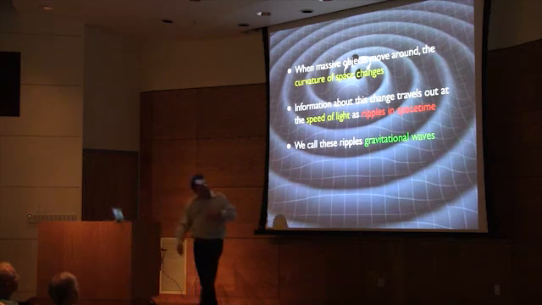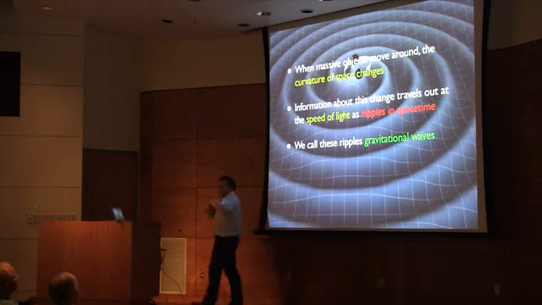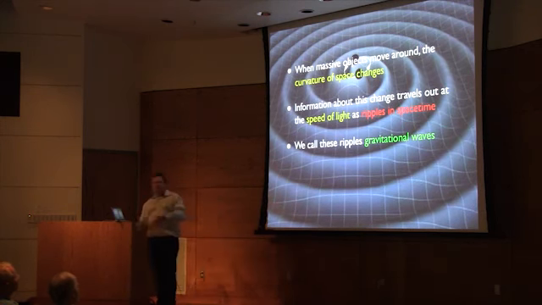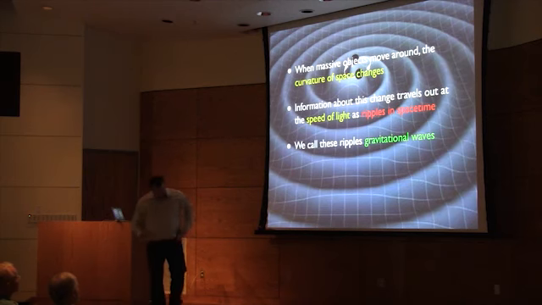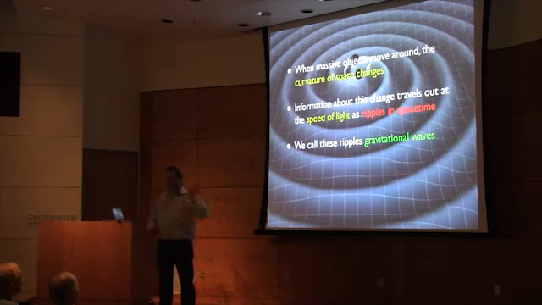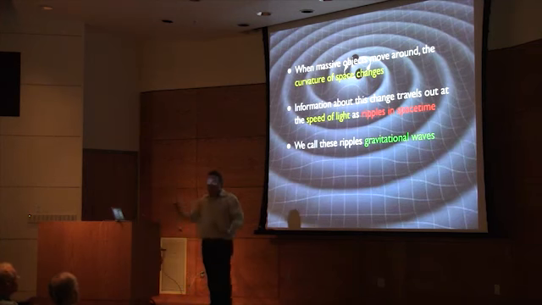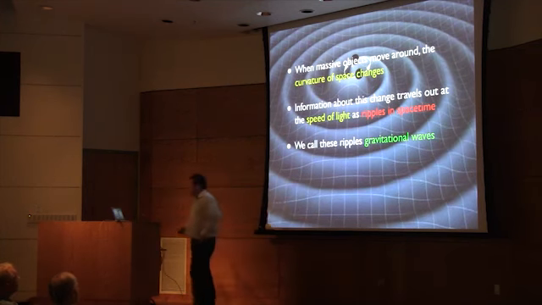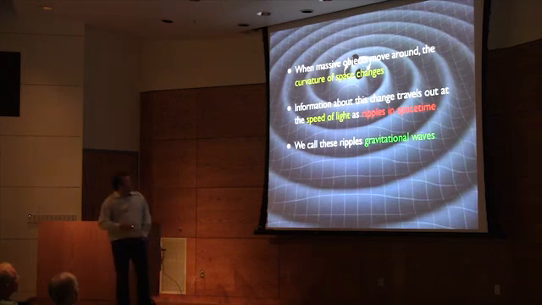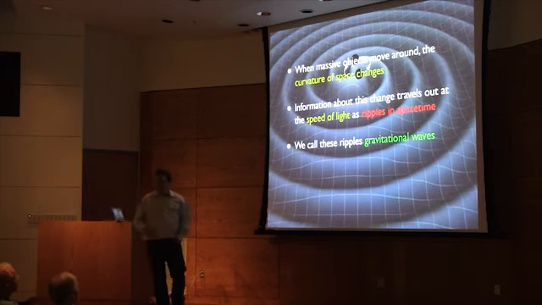For the physicists in the audience, just as theories that describe electromagnetism predict electromagnetic waves, when I turn on my cell phone, little charges move in the antenna of my cell phone, they generate electromagnetic waves. Einstein's theory predicts gravitational waves. When you change mass distributions around, you generate gravitational waves.